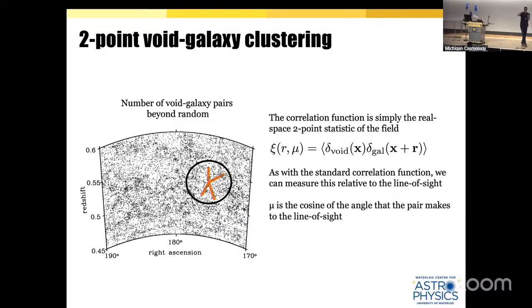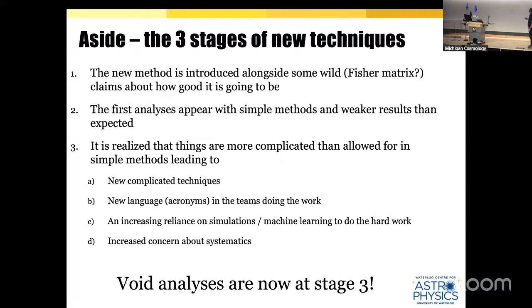The galaxies are telling you the profile of the void from your void center. Therefore, the number of pairs of void center galaxies that you have is just telling you the profile of the void. And so when you calculate the void galaxy cross correlation for your whole sample, you're looking at the average profile of your voids.